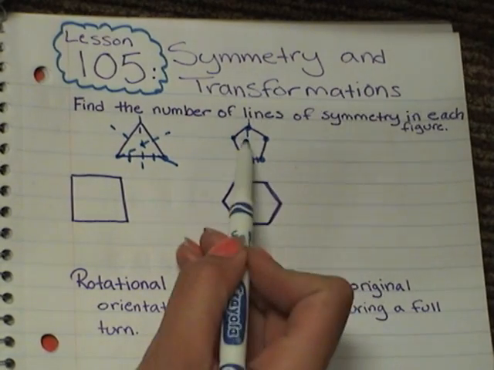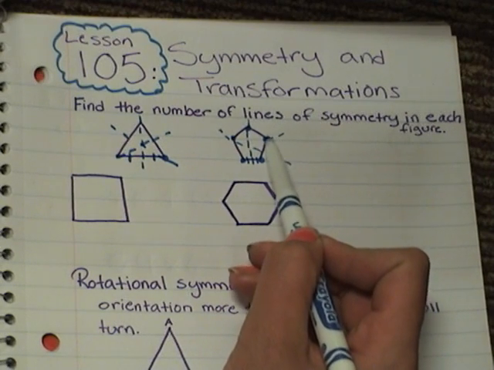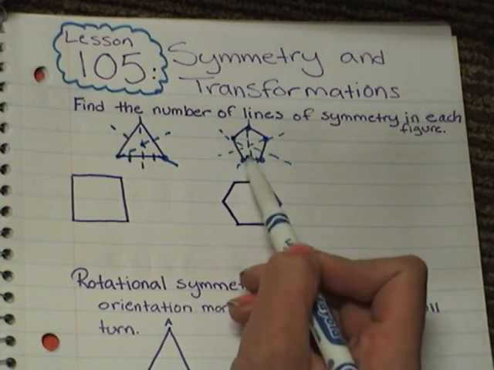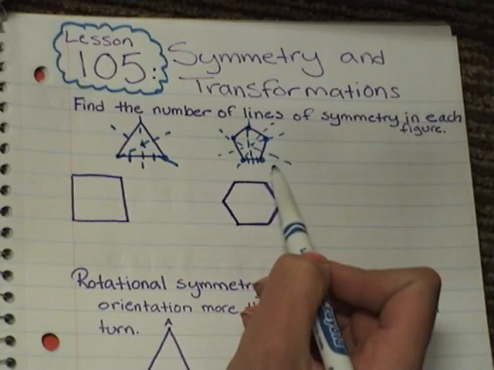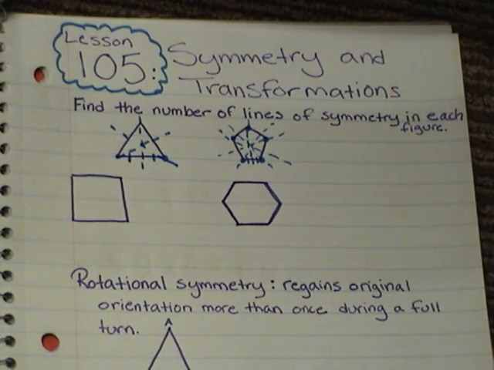You could draw it if you want. This one's going to come through here. This one's going to come through here. This one's going to go up through here. And then this one up through here. Okay, so they have a bunch of lines of symmetry. And you put a mirror right in between them, and you could see them both on each side.